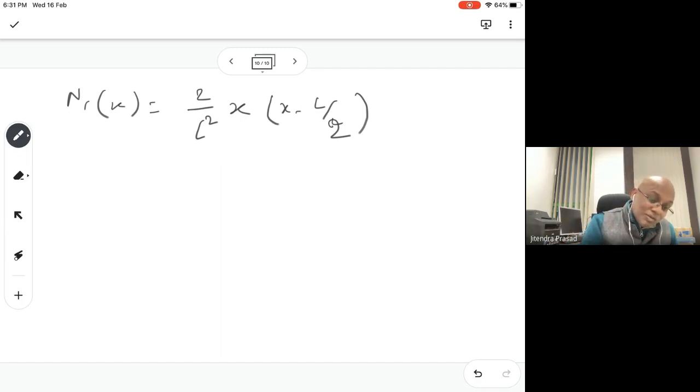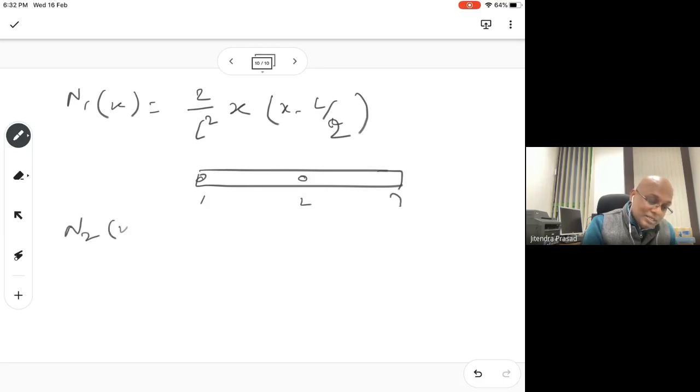Similarly, you can find the middle one. We want N2(x), with nodes at minus L over 2, 0, L over 2. This one has to be 1 here and 0 here and here.